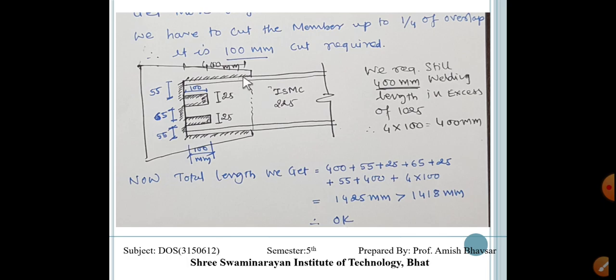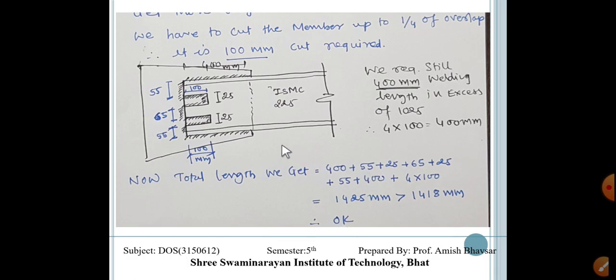The remaining was 1025. How? Let's start with the total length. Here it is 400 mm, so put it down over here, and this is 55 mm, so it is here. This is 25 mm, it is here. Again this is 65 mm, it is over here. Again 25 mm over here.